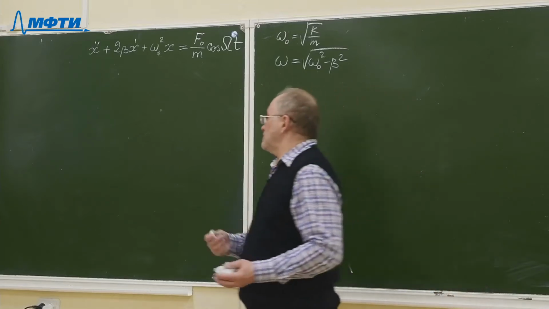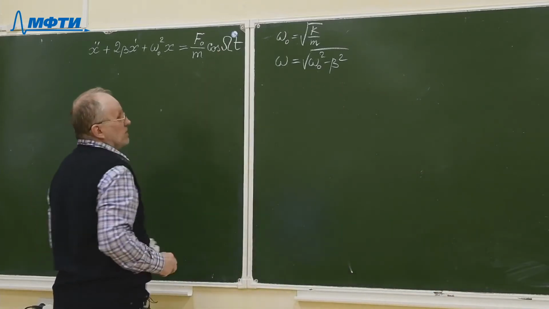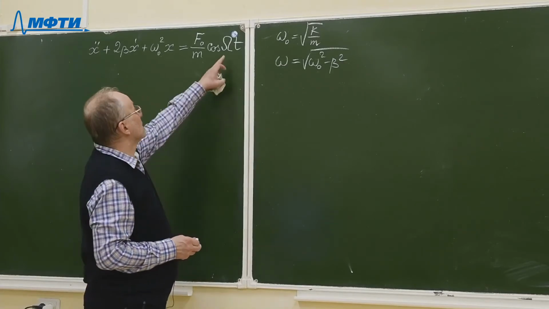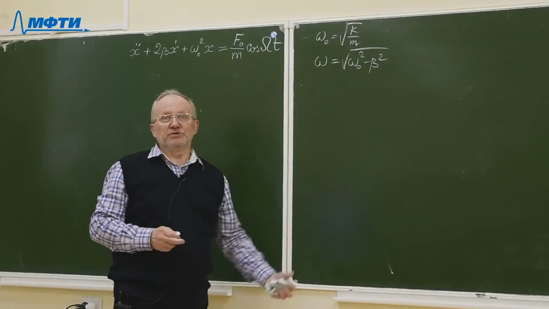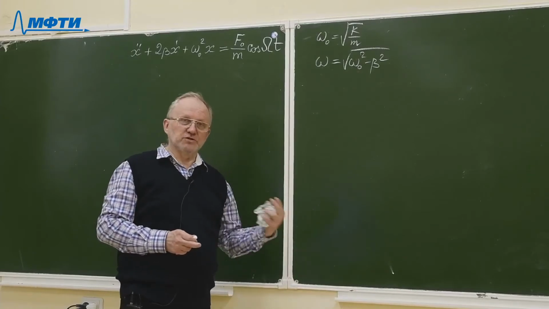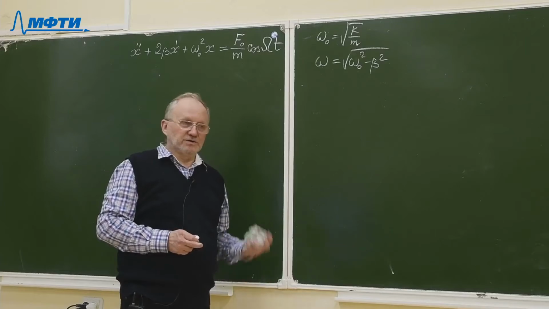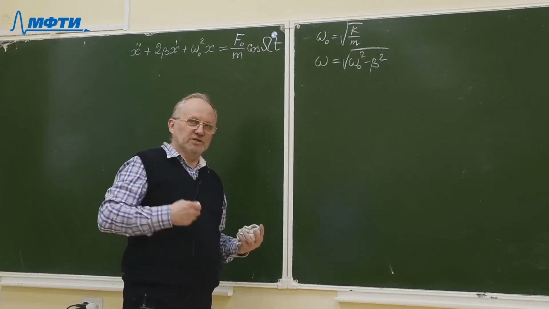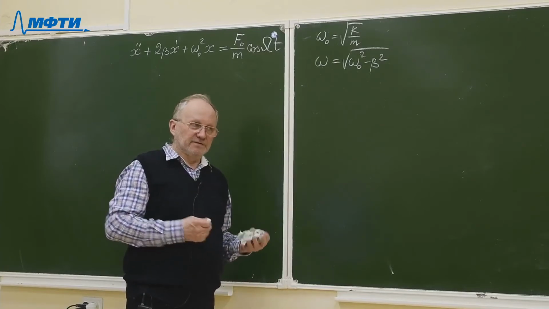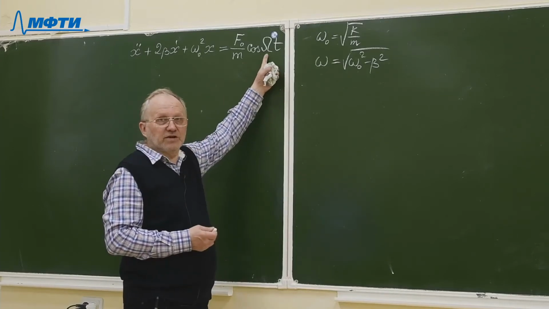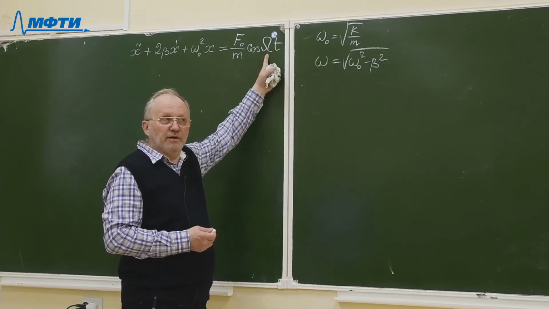So the body will move at the same frequency of the external force. But what is most interesting, what will be the amplitude of such motion? And what will be the phase of such motion? Because the phase may not coincide with the phase of external force. And the amplitude will depend on the omega, on the frequency of external force.